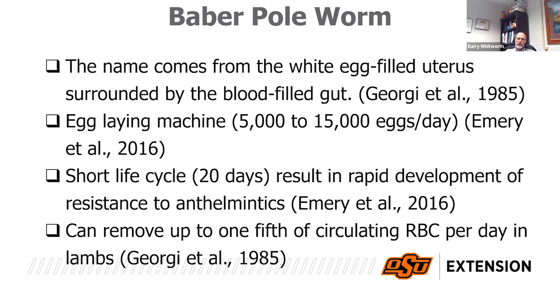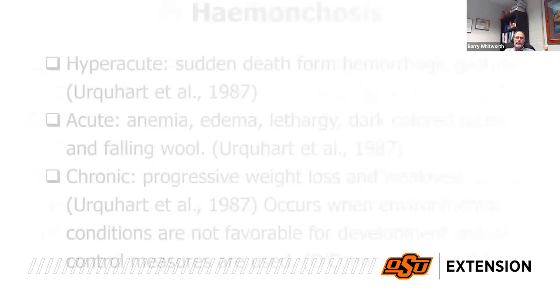One fifth of circulating red blood cells can be taken from a lamb every day, basically. And you think, how long could you or I lose one fifth of our circulating red blood cells before we are going to get really sick? So that gives you an idea of how devastating these worms can be.